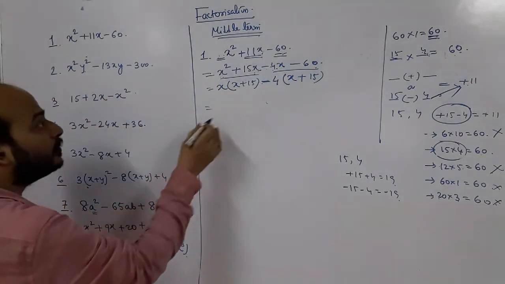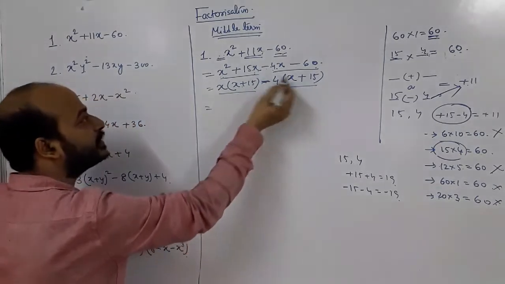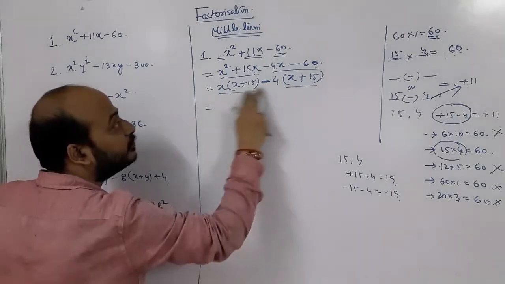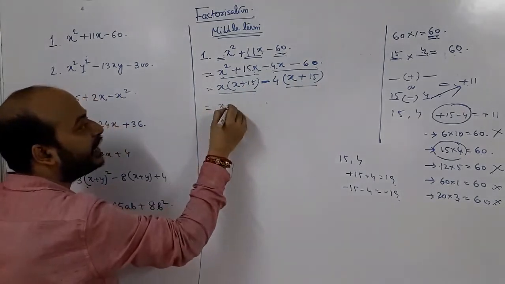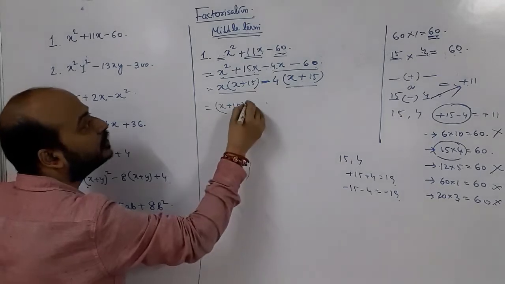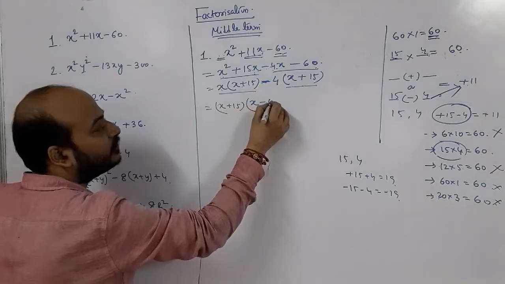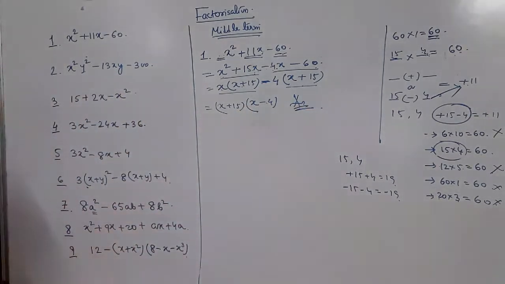Okay, now you can see you are getting these 2 terms, before minus and after minus. Now what can you take common again in both these terms? You can take x plus 15 common. So if you take x plus 15 common, what is left here? I am left here with x, and there I have minus 4. Understand?